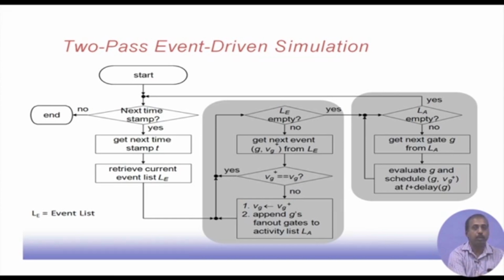So, this is called 2 pass because in the first pass we are taking an event and then we are finding out all the future activities. Okay.